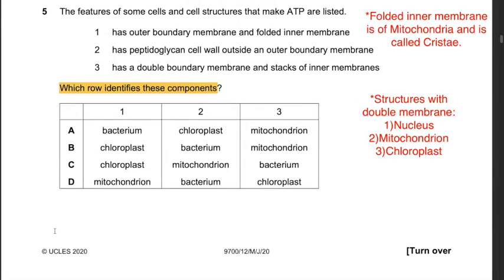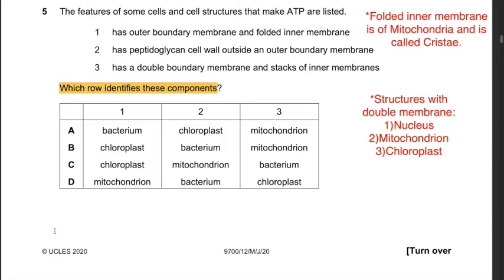Question 5. The features of some cells and cell structures that make ATP are listed. 1. Has outer boundary membrane and folded inner membrane. 2. Has peptidoglycan cell wall outside and outer boundary membrane. 3. Has a double boundary membrane and stacks of inner membranes. Which row identifies these components? So I have given the structures with double membrane. Structures which have double membrane are the nucleus, mitochondria and chloroplast.